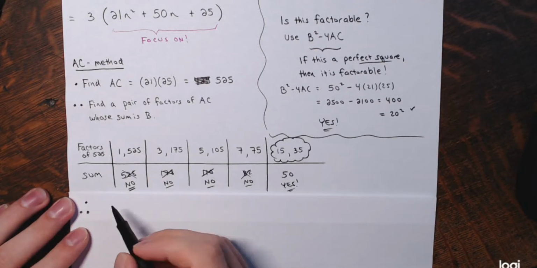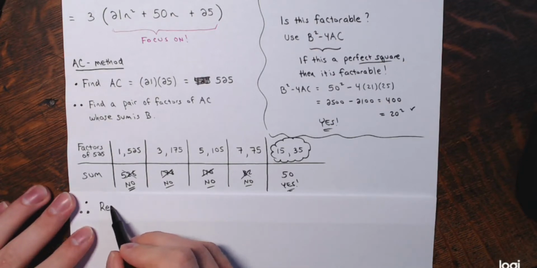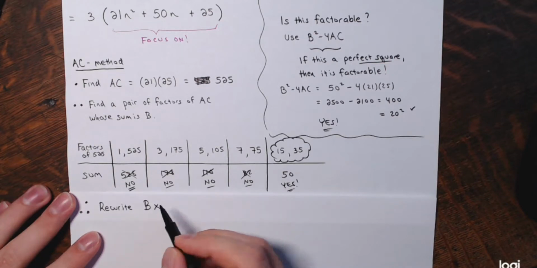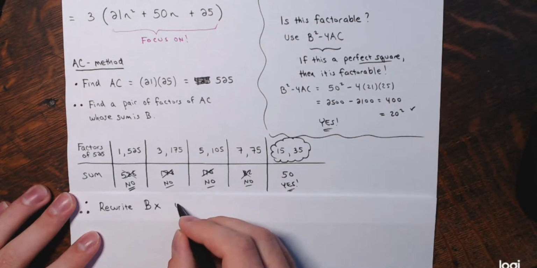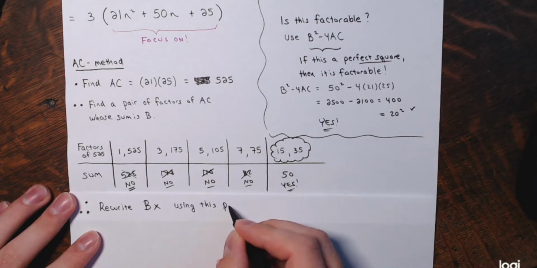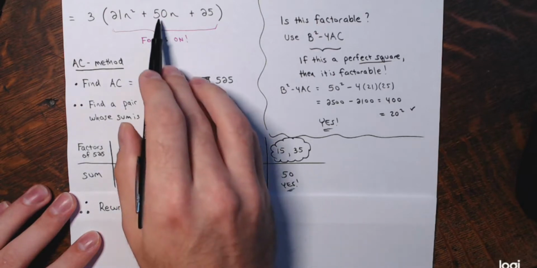Next step is rewrite B times X, or B times N, using this pair of factors. So I'm rewriting that linear term, the 50n.